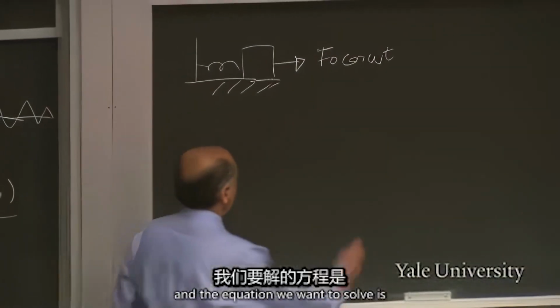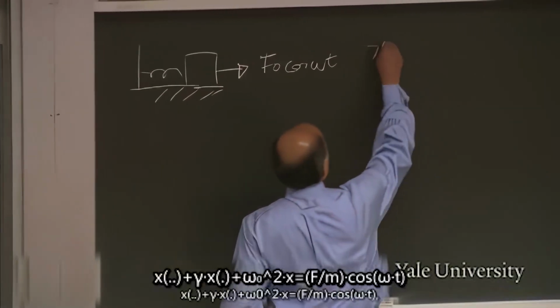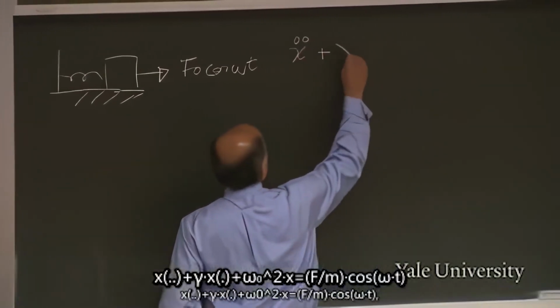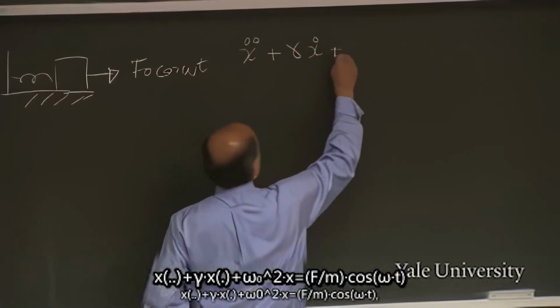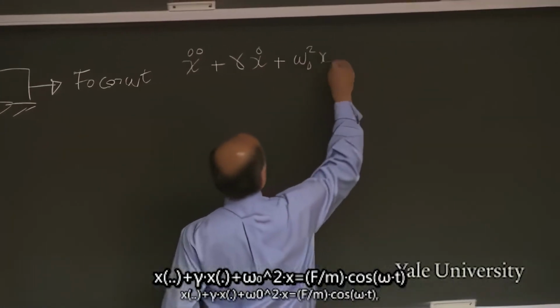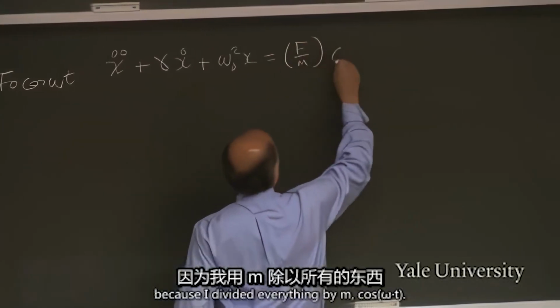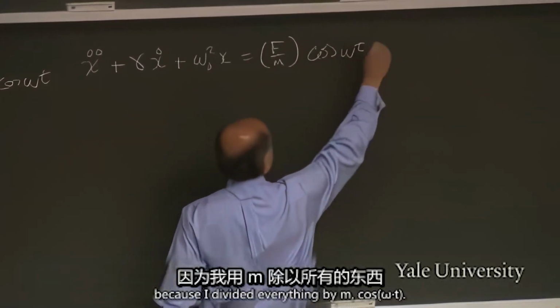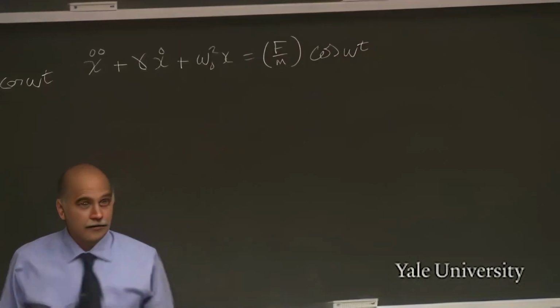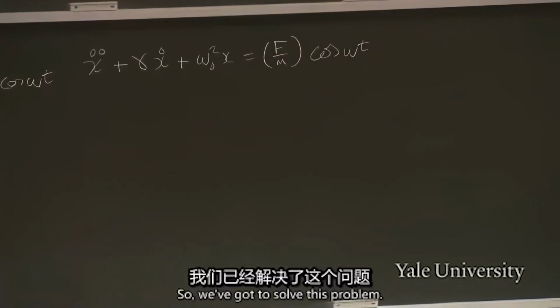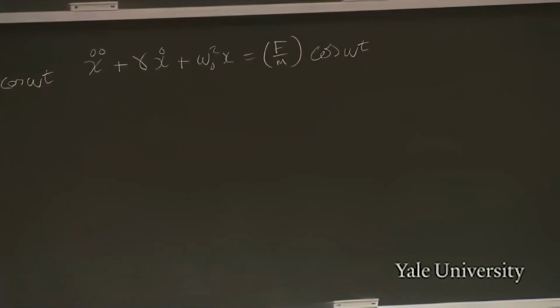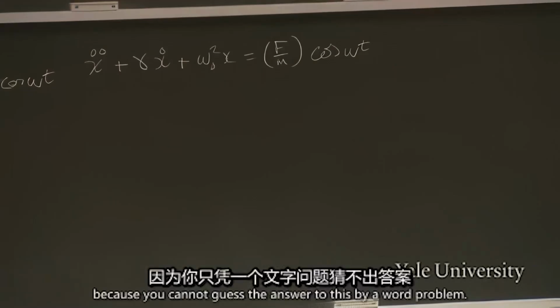And the equation we want to solve is x double dot plus gamma x dot plus omega naught square x equal to F over m, because I divided everything by m, cosine omega t. So we've got to solve this problem. Now, this is really difficult because you cannot guess the answer to this by word problem.